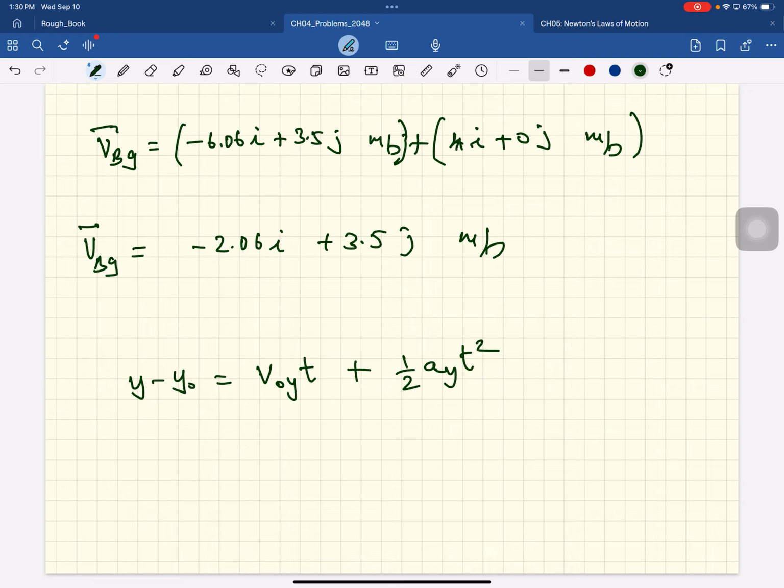Okay, so y is 1800 meters, the final y coordinate, and the initial y coordinate is 0. Your y component of the velocity is 3.5 meters per second. That's the velocity with respect to the ground. What was the acceleration in the y direction?